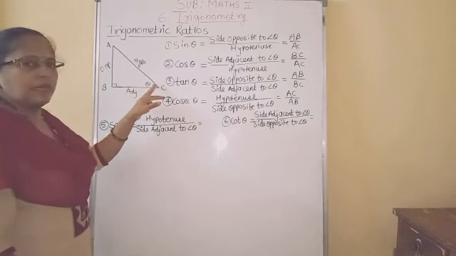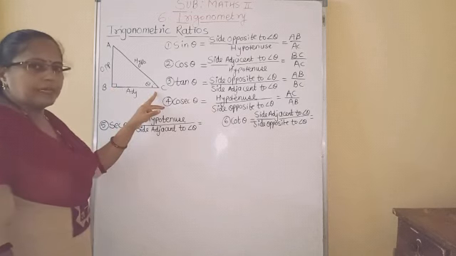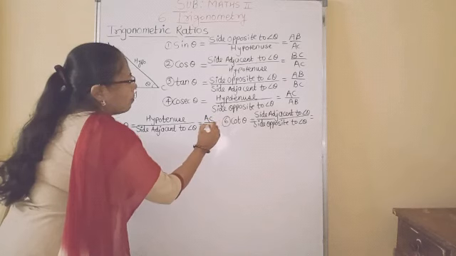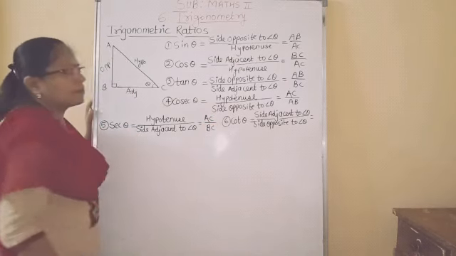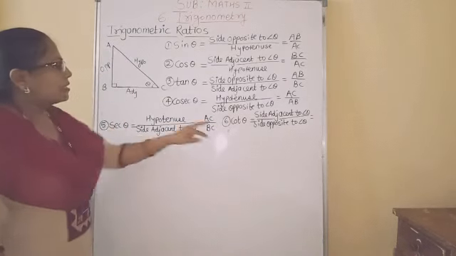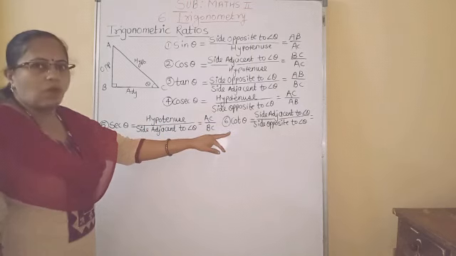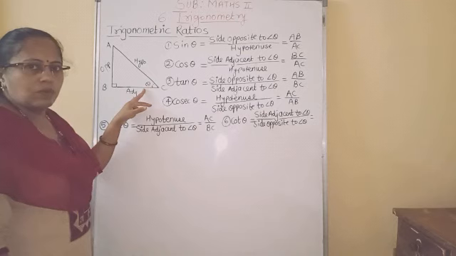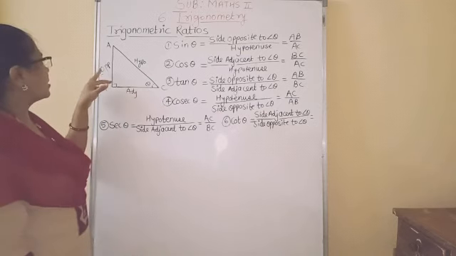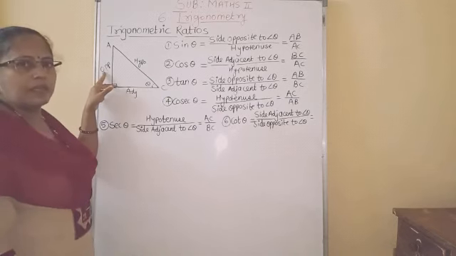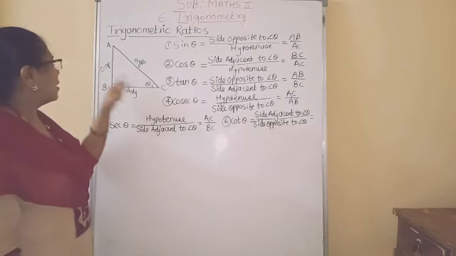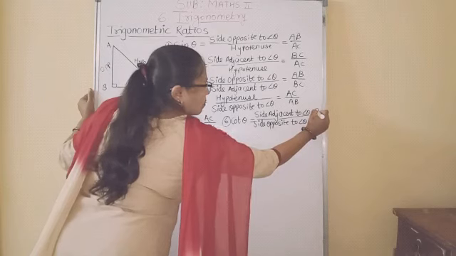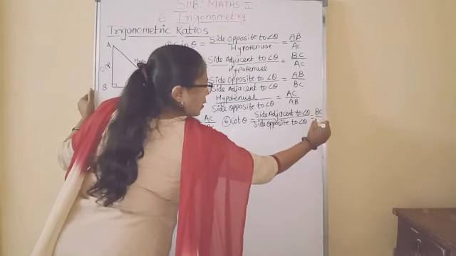The hypotenuse is AC, the adjacent side is BC, so here we get AC upon BC. Then the sixth ratio is cot theta. The formula is side adjacent to angle theta upon side opposite to angle theta. So BC upon AB.